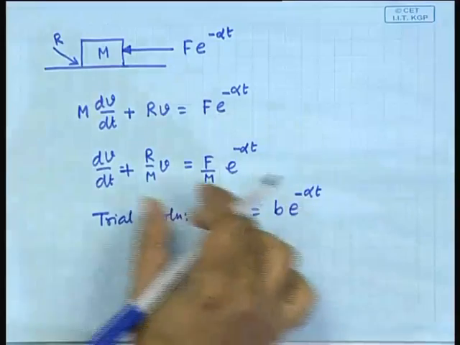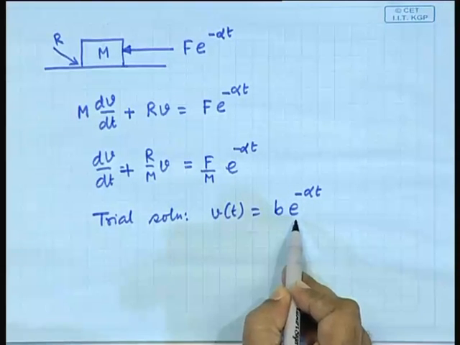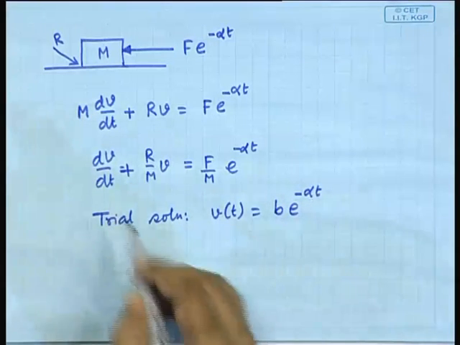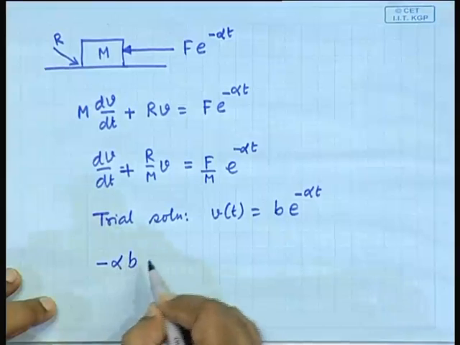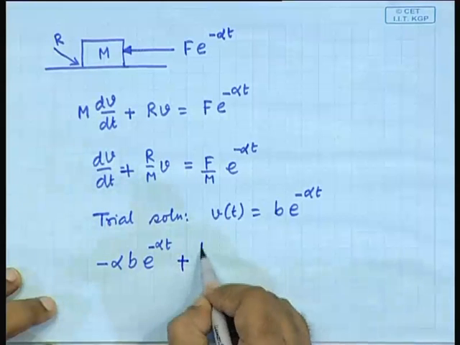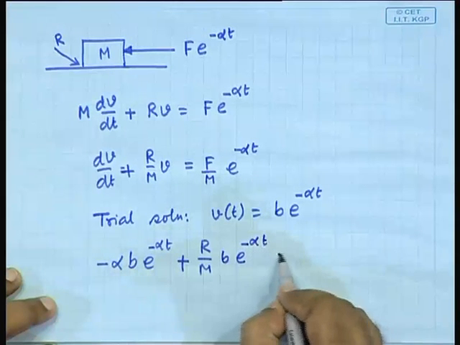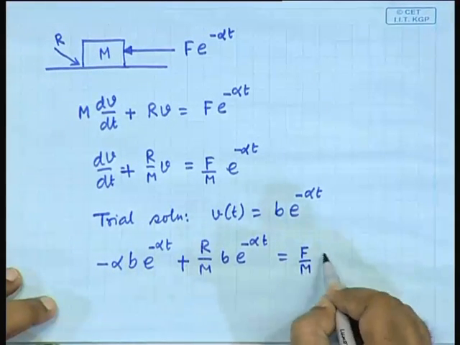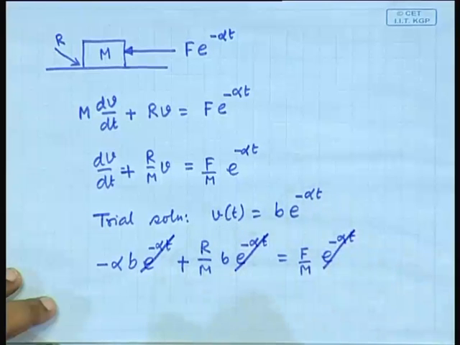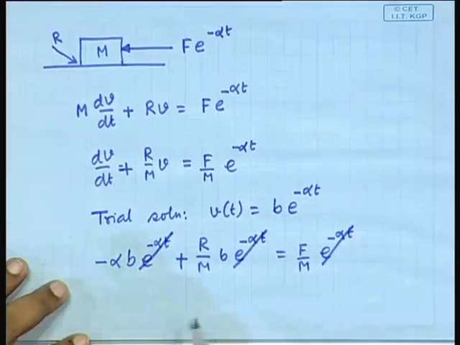If you put this trial solution into the original equation, what do you have? dv/dt will be minus alpha b e to the power minus alpha t, that is this term, plus r by m b e to the power minus alpha t is equal to f by m e to the power minus alpha t. This term cancels off.